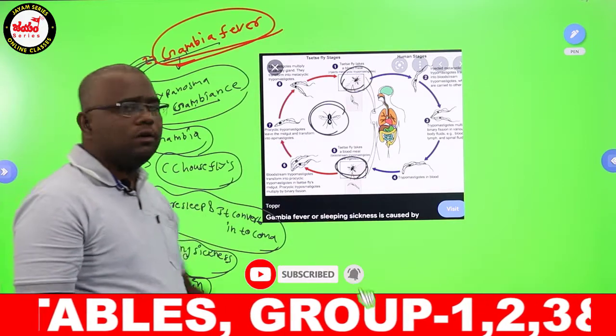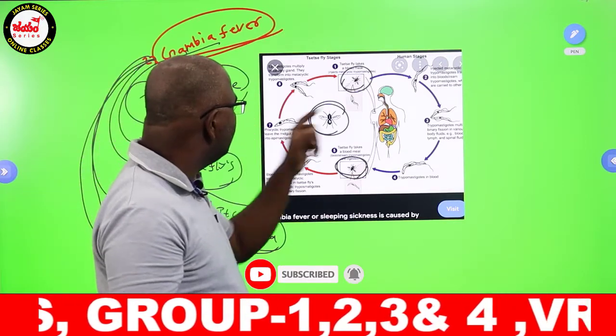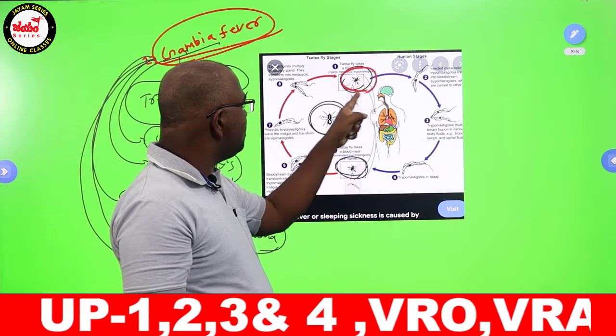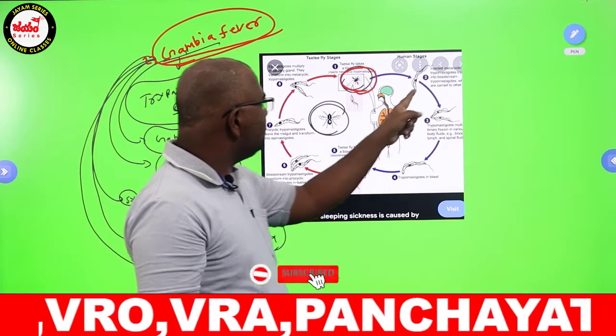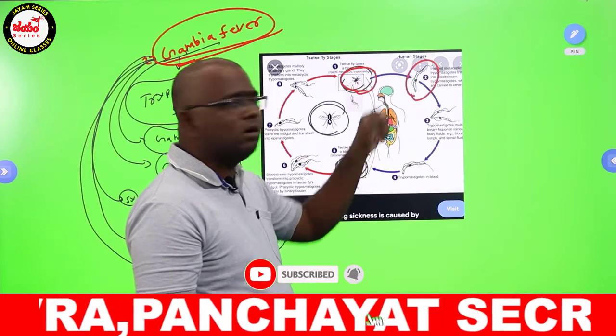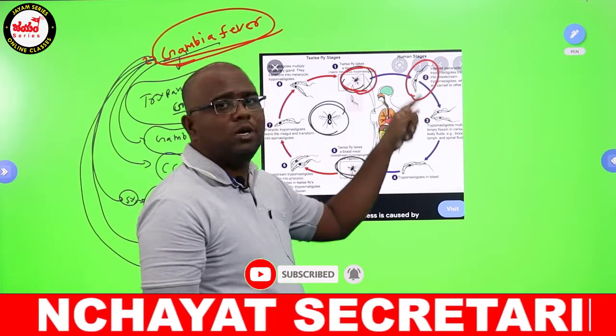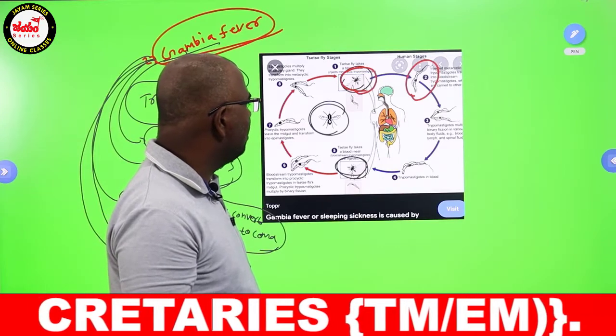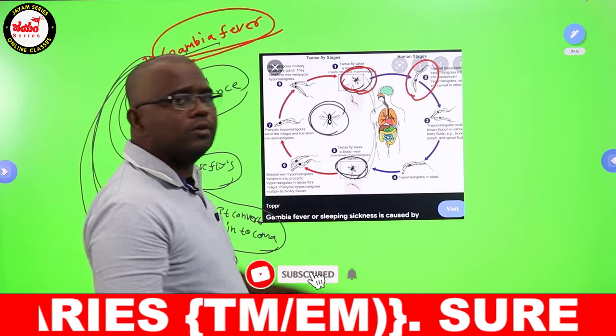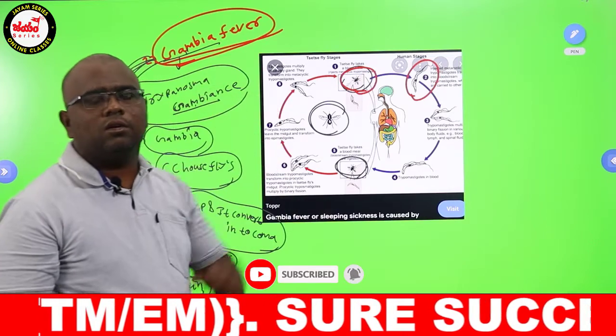Look at this picture. This picture shows the tsetse fly. This is the Trypanosoma gambiense protozoan. It attacks the brain.